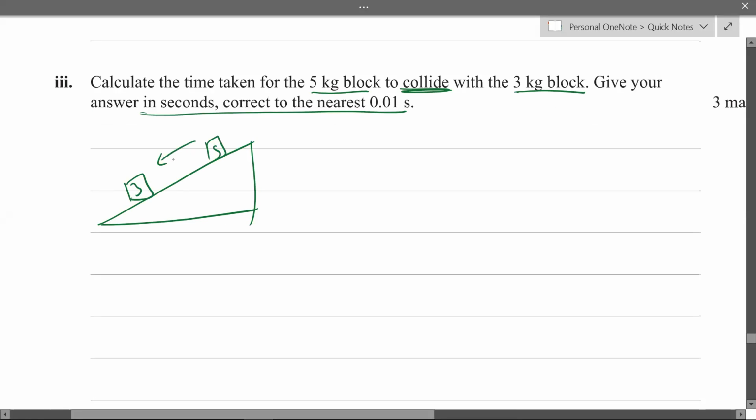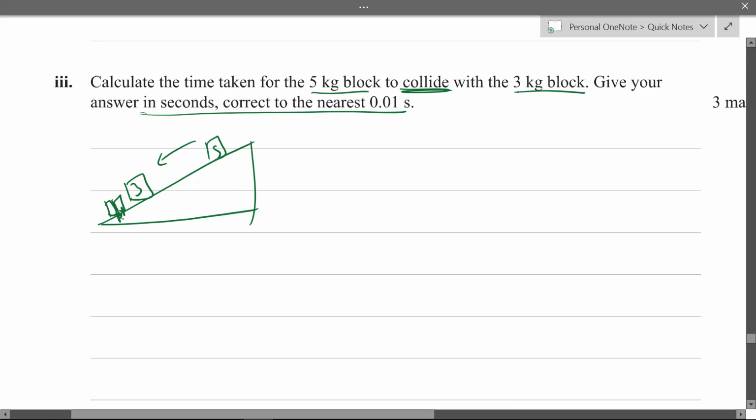So if the 5 kilogram hits the 3 kilogram one, then they'll be at the same spot, kind of. So the distance from here to here would be what we're trying to find. So, but to do that, we have to add, or like, how do I explain it?